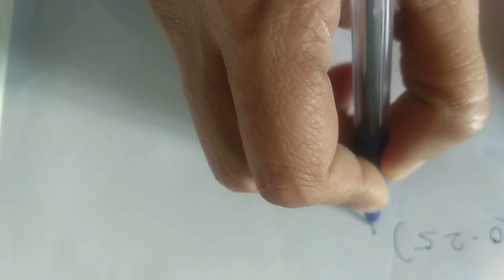Now let us see one more example: 0.25. Convert this fractional decimal, 0.25 base 10, equal to X base 2. X we have to find.